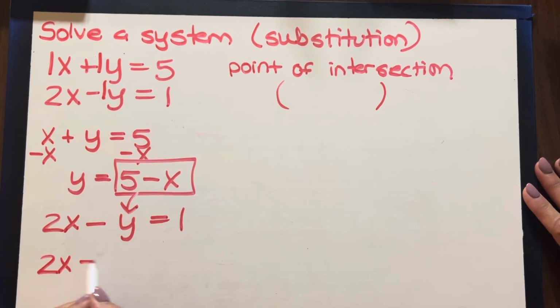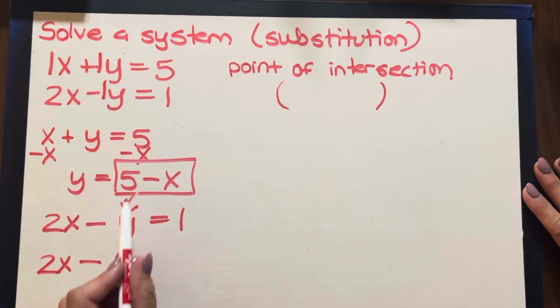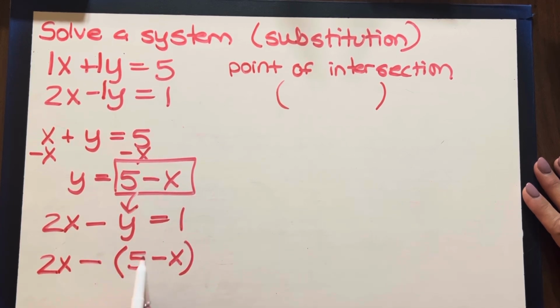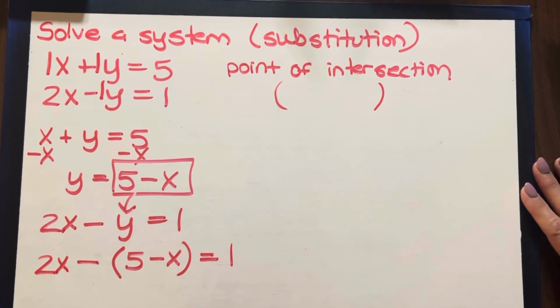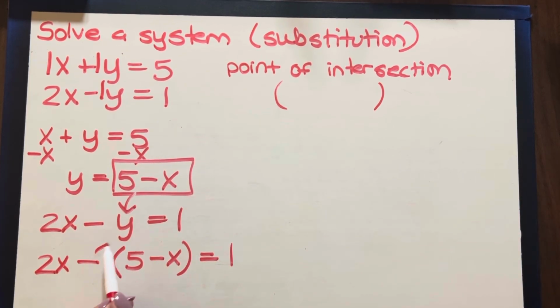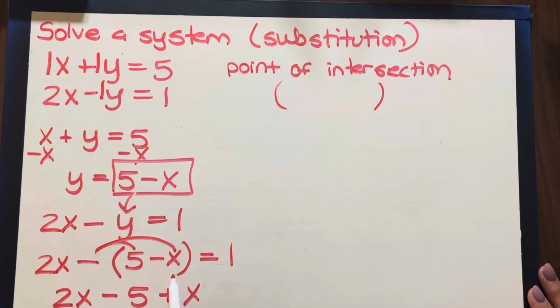So 2x minus, since this is a subtraction, I do have to put this in parentheses because each of the terms in there needs to have that negative applied to it. So this means we're going to distribute through our negative, and we're going to get 2x minus 5 plus x. Now, when I subtract a negative, it's plus, equals 1.